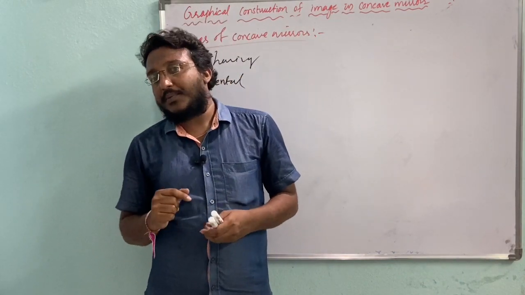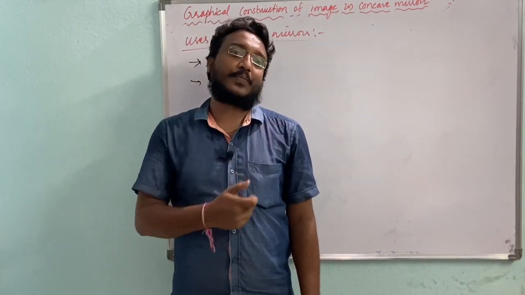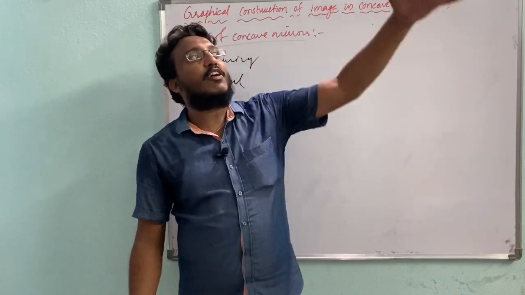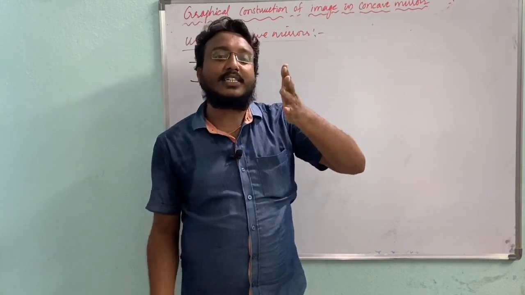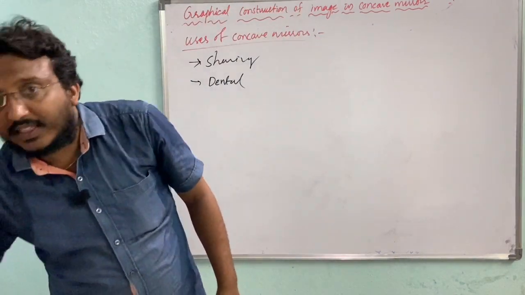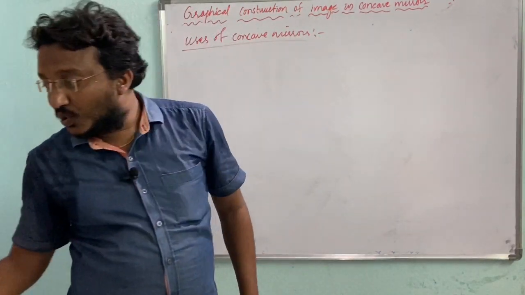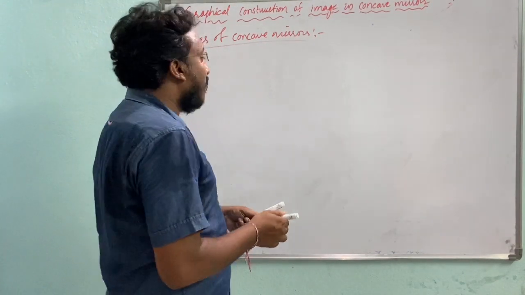And one more thing, the concave mirror is a converging mirror, right? Converging mirror means if a parallel beam of light falls on it, then it converges, no? By using that property, we can prepare solar cookers, right?